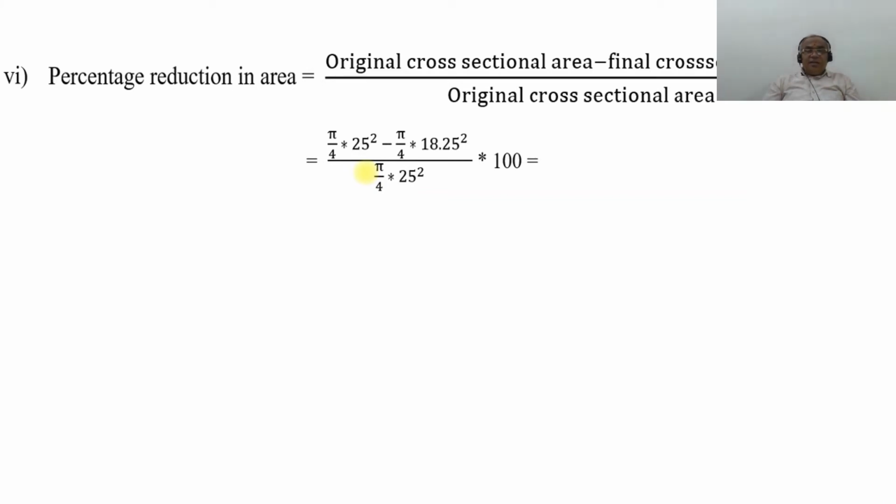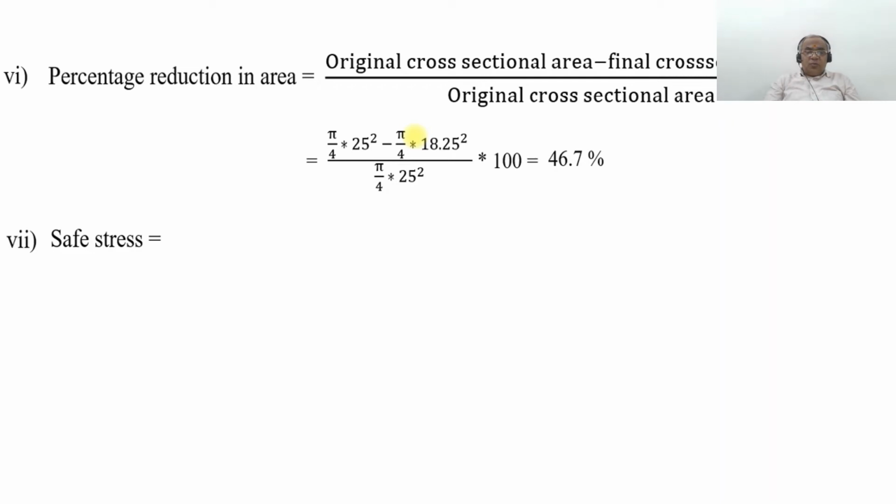The original cross-sectional area is pi by 4 into 25 square, minus the final cross-sectional area, pi by 4 into 18.25 square, divided by the original cross-sectional area, pi by 4 into 25 square, where 25 is the diameter of the specimen, into 100 to express it as a percentage. The pi by 4 appears in both the numerator and the denominator, so it gets cancelled. So 25 square minus 18.25 square, divided by 25 square, into 100. On simplification, you will get 46.7%.